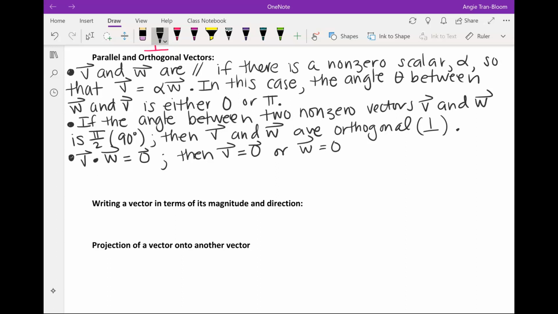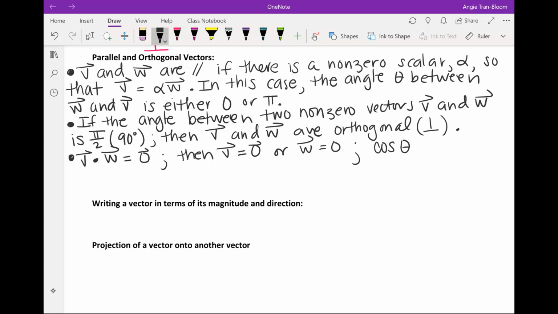Would you guys agree with that statement? So here's my question for you. If I ask you to find the angle, which I'm about to use the cosine formula for, right?